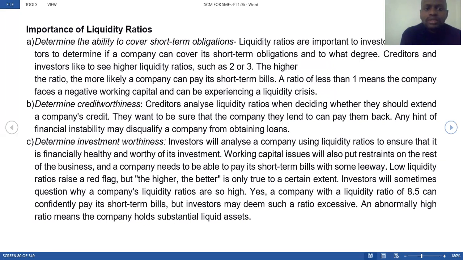So when a creditor wants to establish whether the company is able to pay, they will do what is called liquidity ratio. Then the other thing is it determines the investment worthiness of the organization. Therefore, if an organization wants to understand whether they are doing good or bad, then they will always perform what is called the liquidity ratio to ascertain that fact.